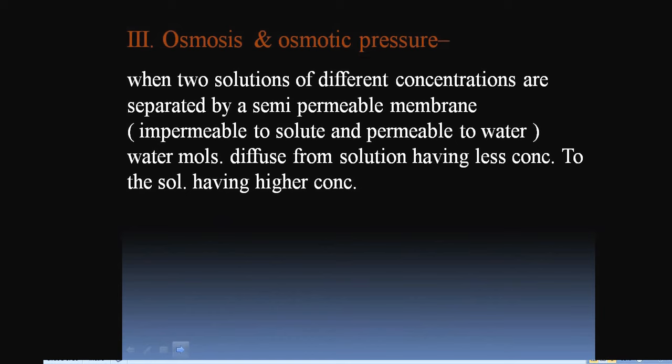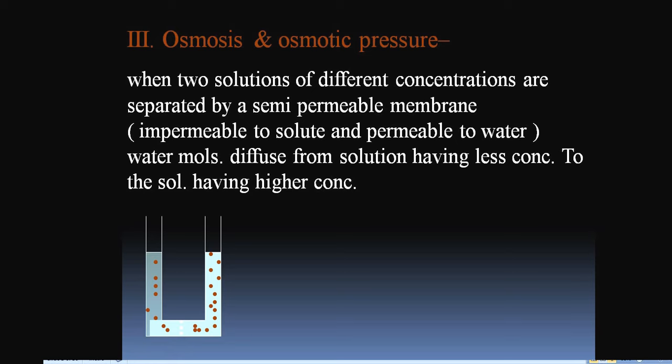The last point in this part is osmosis and osmotic pressure. When two solutions of different concentration are separated by a semi-permeable membrane, water molecules diffuse from the solution having lower concentration to the solution having higher concentration. This concept is known as osmosis, and the pressure that prevents this is known as osmotic pressure.